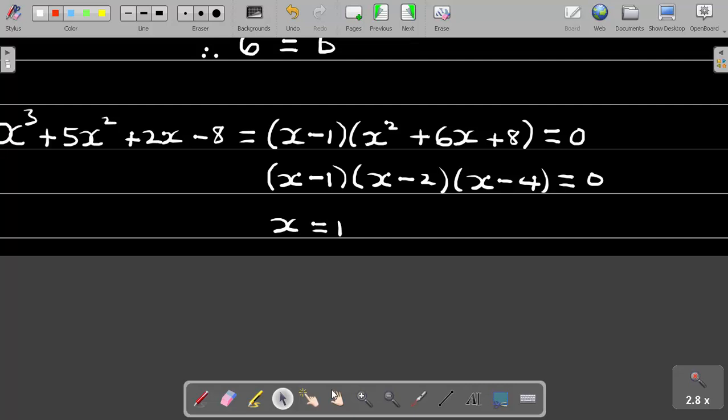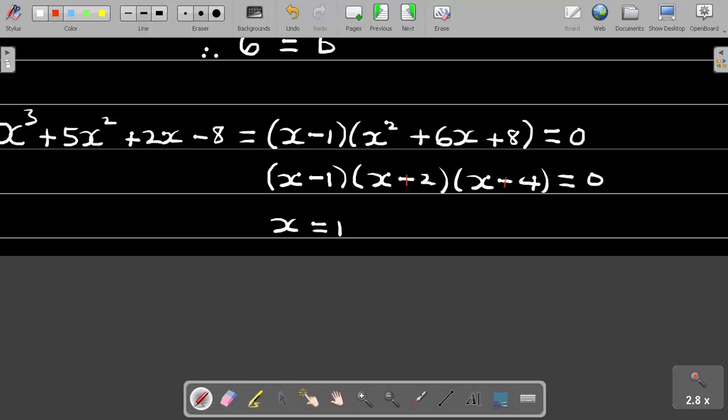Check this out, guys. In here, it's going to be plus, must be positive here. Why? Because positive 2 times positive 4 gives positive 8, and positive 2 plus positive 4 gives positive 6.